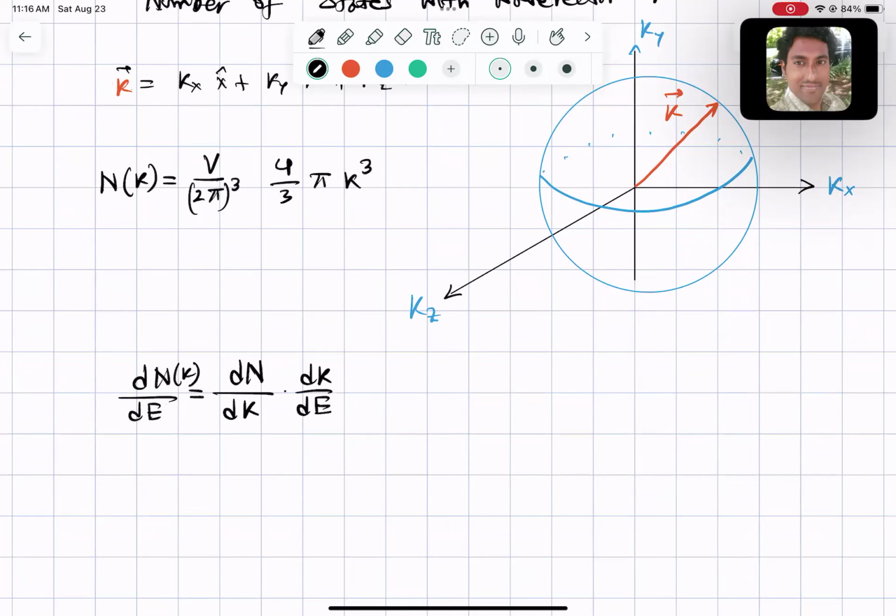Just the chain rule, okay? And what is dn over dk? V over (twice pi) whole cubed is a constant. 4 over 3 pi, that's another constant. k cubed becomes 3k squared. And we have dk over dE.